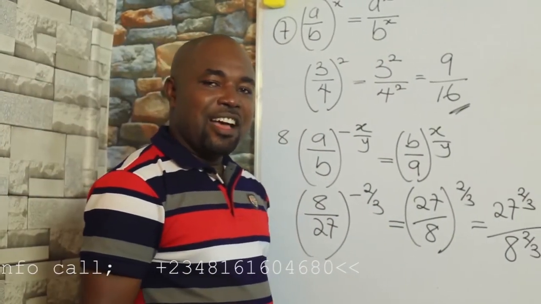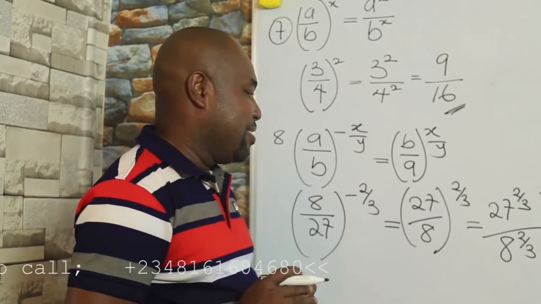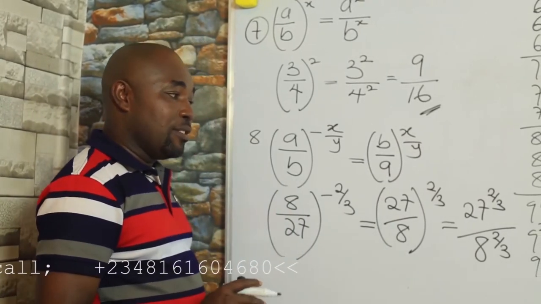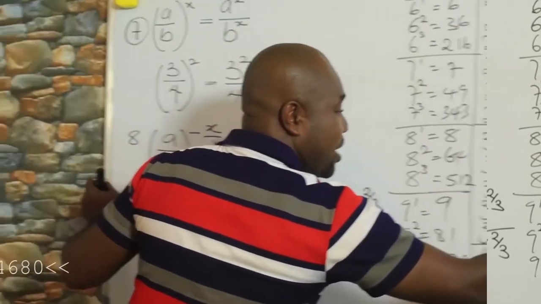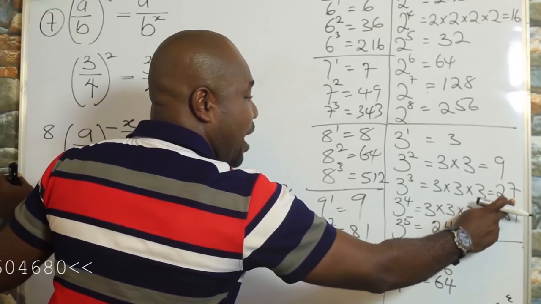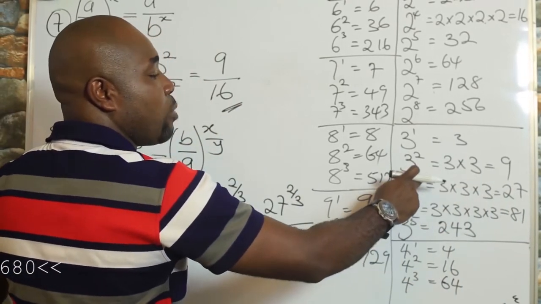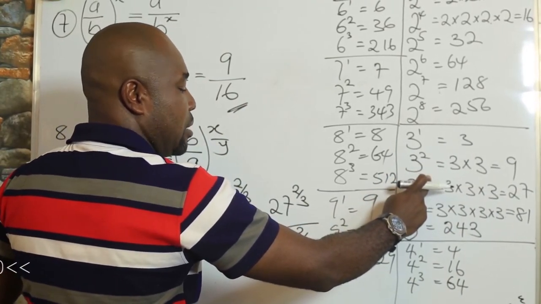Am I communicating? I want you to follow effectively. You will understand what the rule of the game is all about here. Now, 27 here is the same thing as 3 raised to power 3.